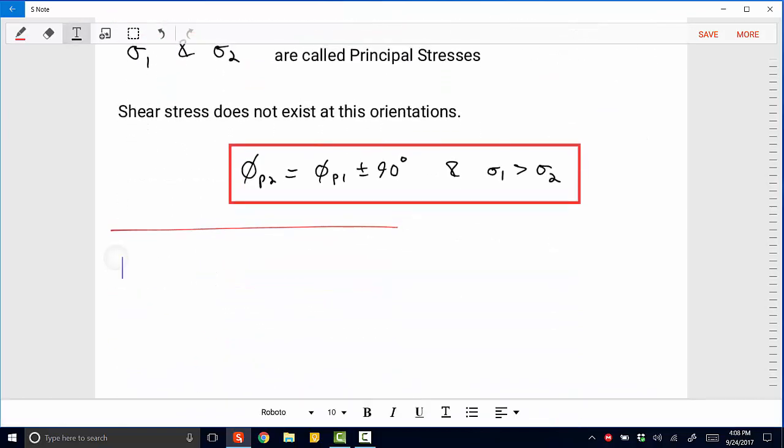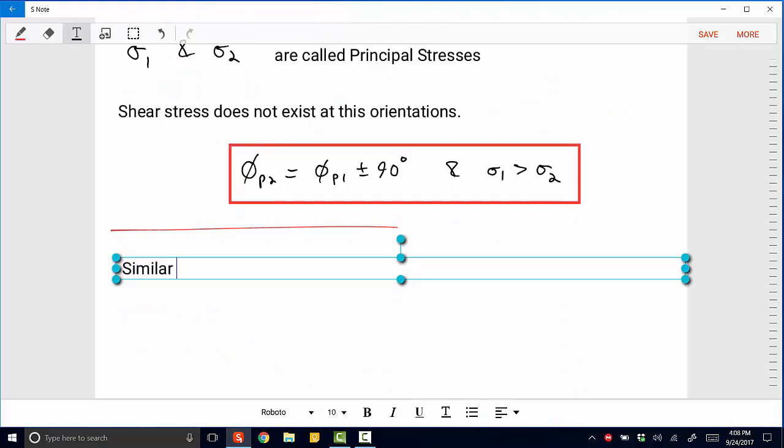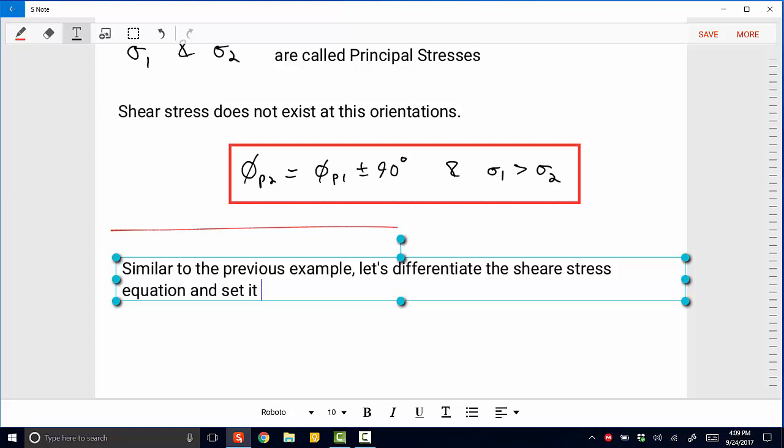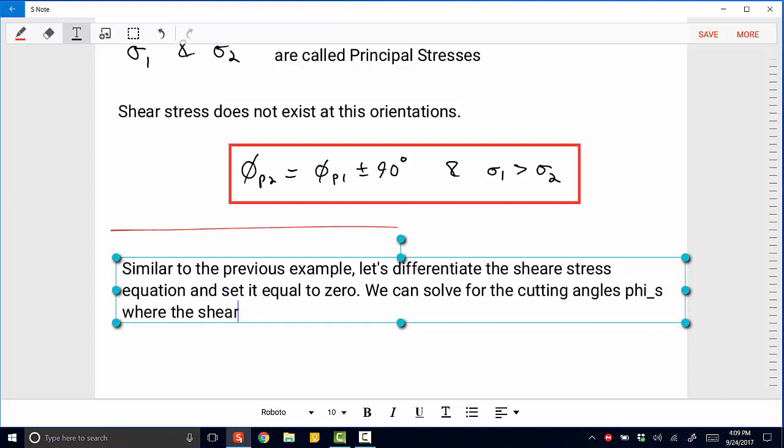So let's say, similar to the previous example, let's differentiate the shear stress equation and set it equal to 0. We can solve for the cutting angles phi s, where the shear stress is extreme!